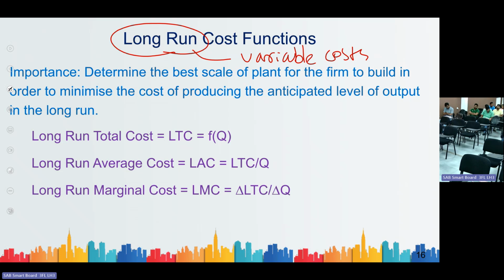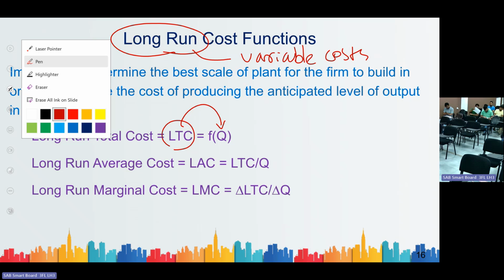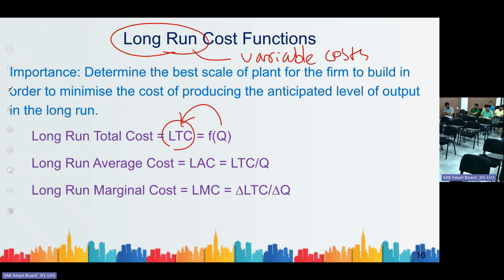So long run total cost obviously depends on Q, the output or the number of units produced.